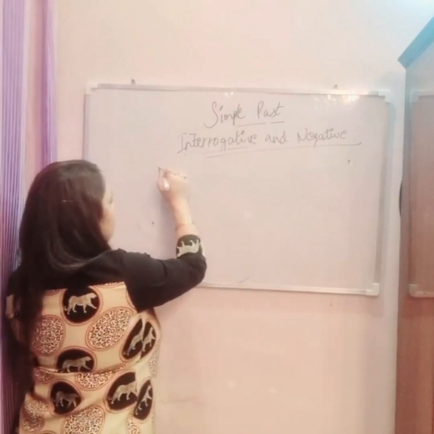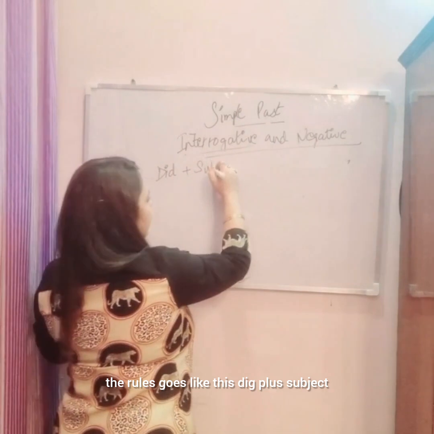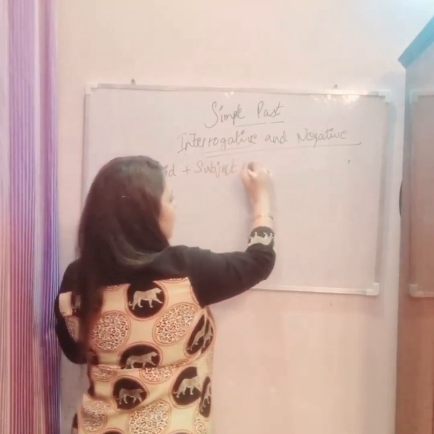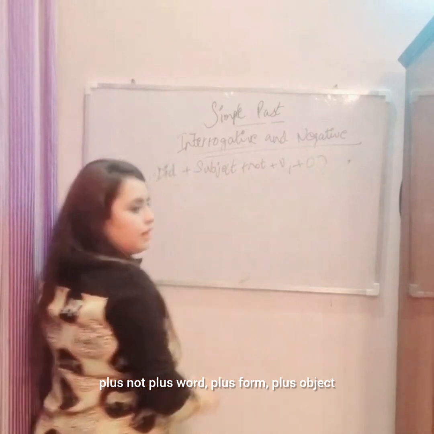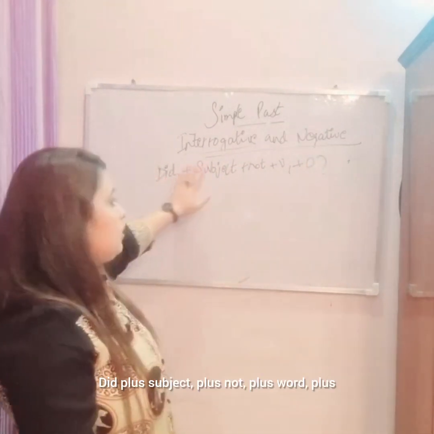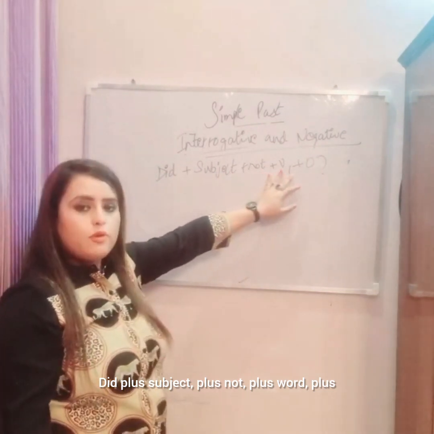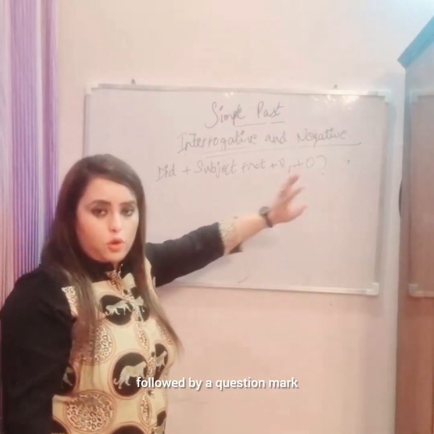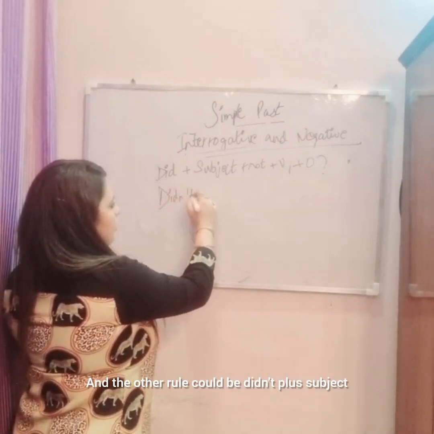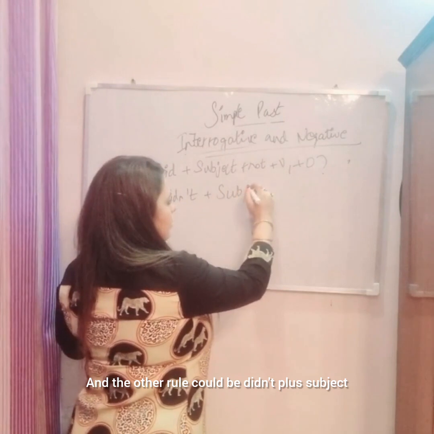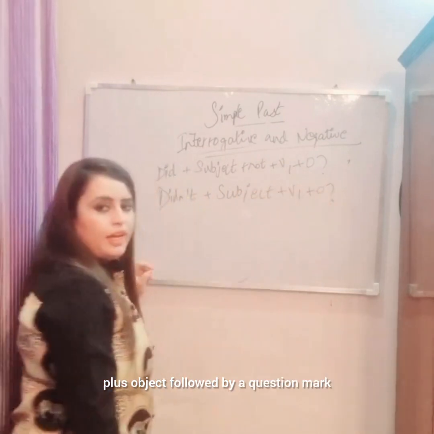The rule goes like this: did plus subject plus not plus word first form plus object and a question mark. And the other rule could be didn't plus subject plus word first form plus object followed by a question mark.